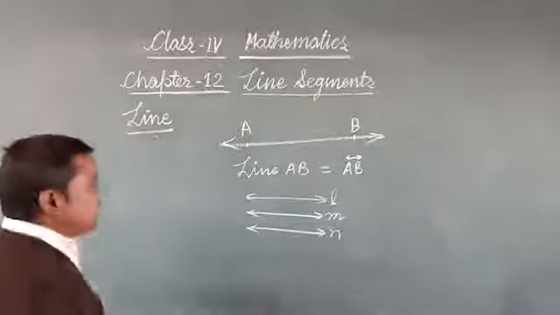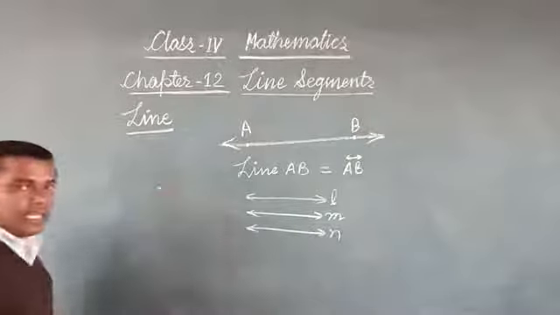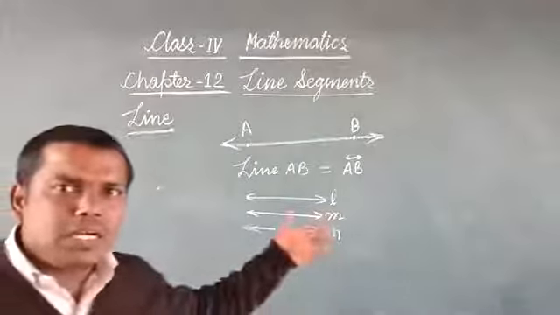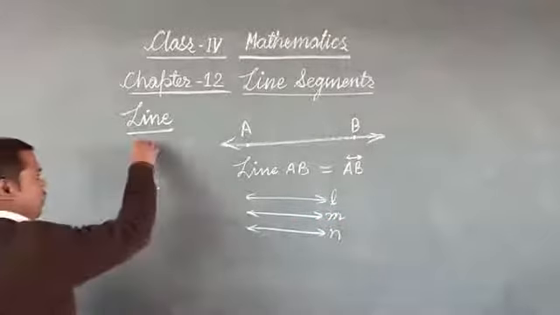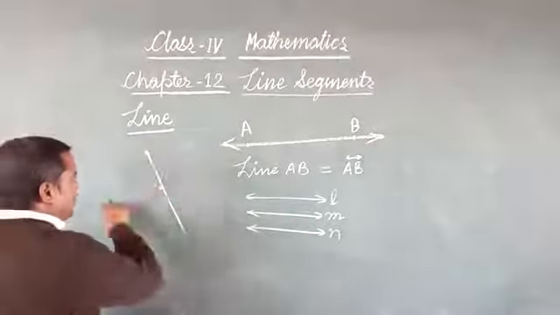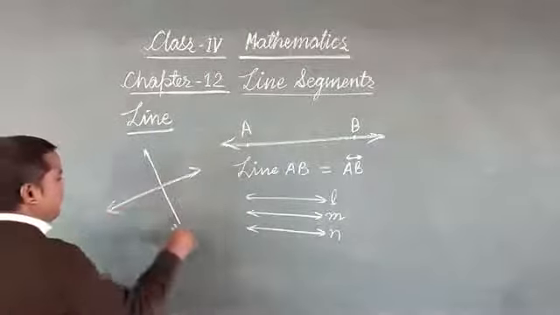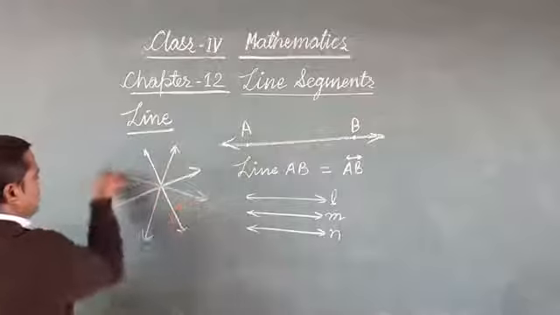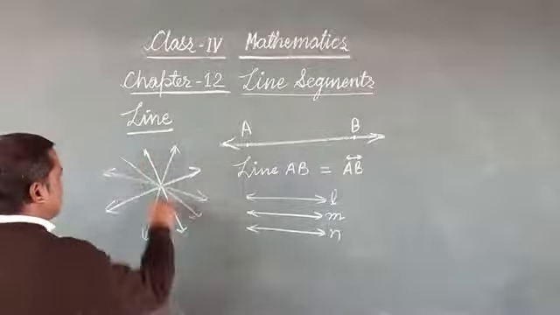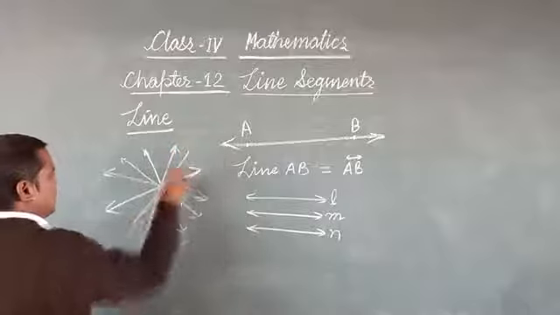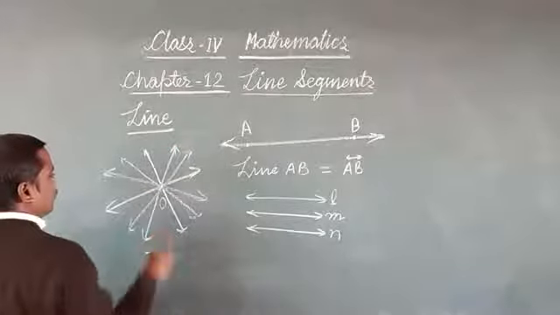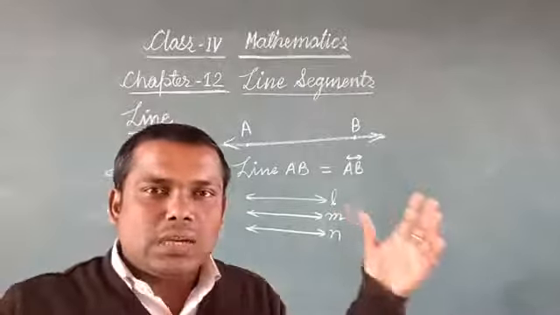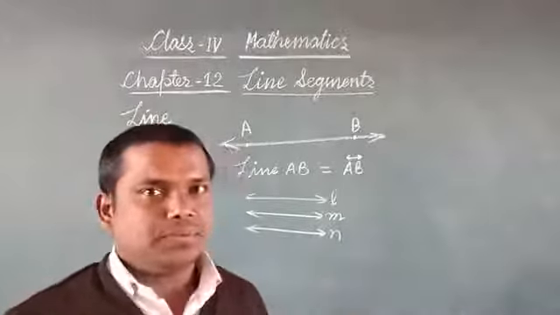If we have one point and anybody asks how many lines can be drawn from this point, you can see an infinite number of lines can be drawn. Look, from this point this line can be drawn, this line can be drawn, and so on. This is point O. So from a single point, an infinite number of lines can be drawn.